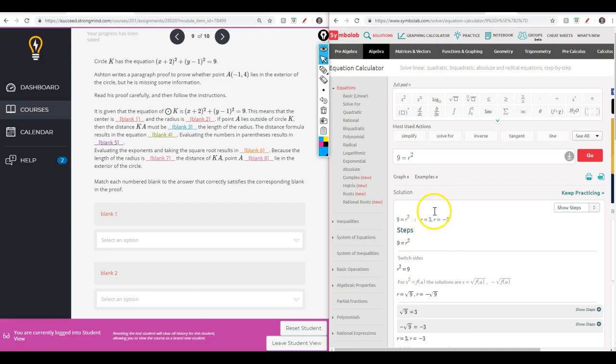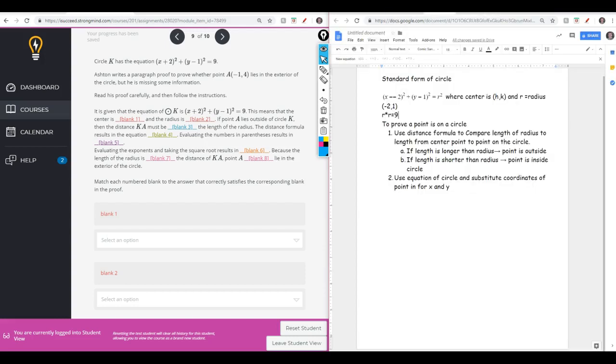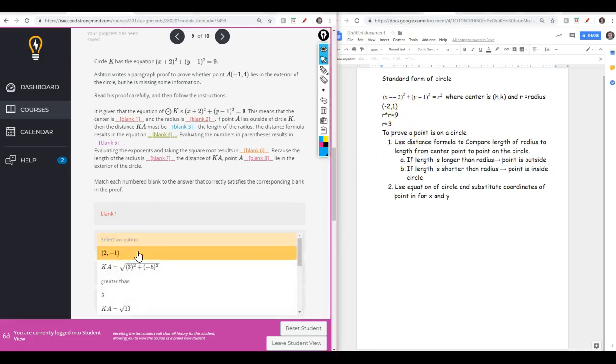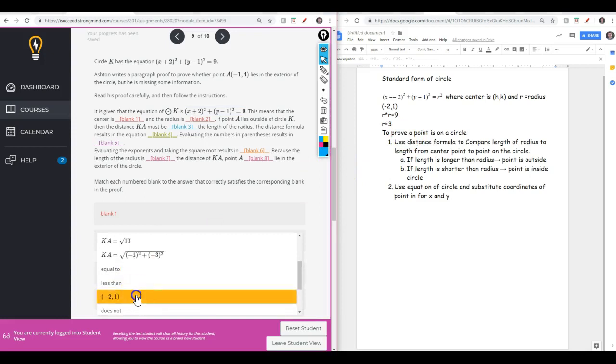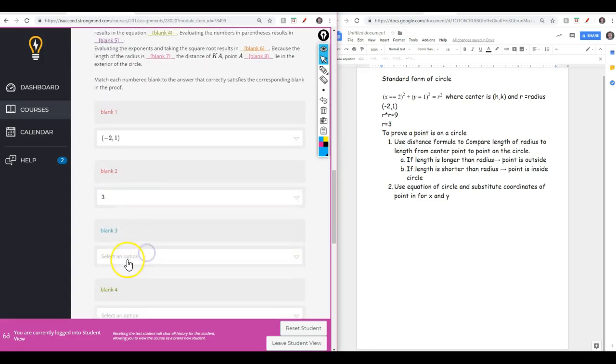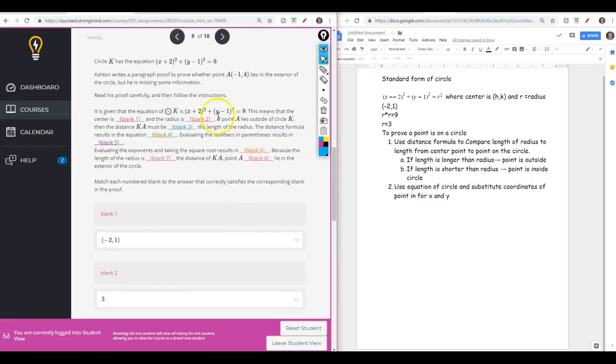Since we're dealing with a radius, which is a distance, distances are positive. So we would only have r equals positive 3, not the negative 3. So our radius is equal to 3. So then blank 1 is (−2, 1). Blank 2 is 3.